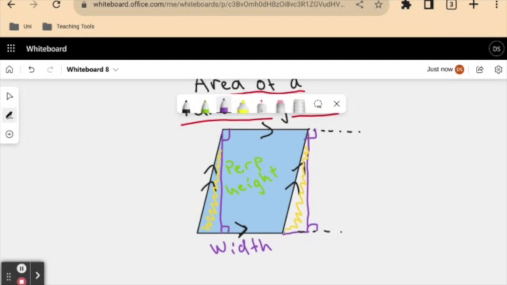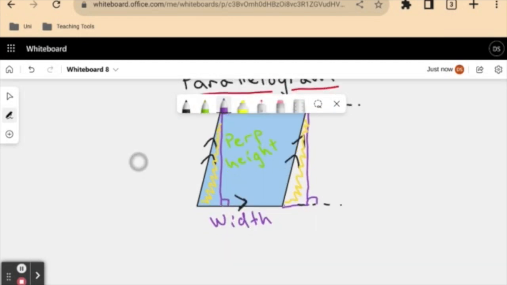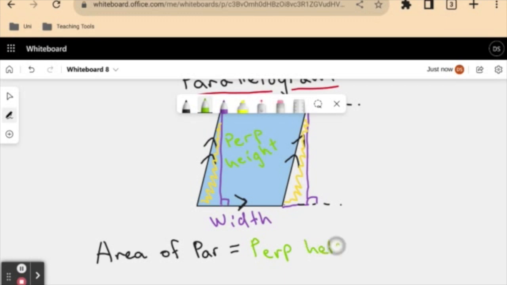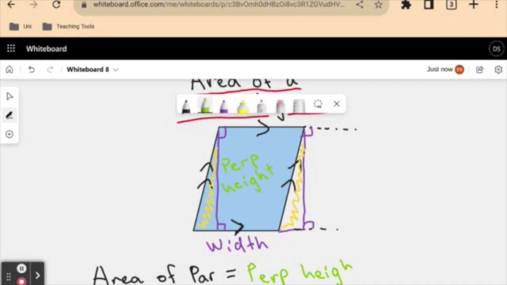The area we get for a parallelogram, all right, here, area of, I'll just write PAR, short for parallelogram, equals the perpendicular height, because this perpendicular height makes up one dimension of the rectangle we formed, and the original width.